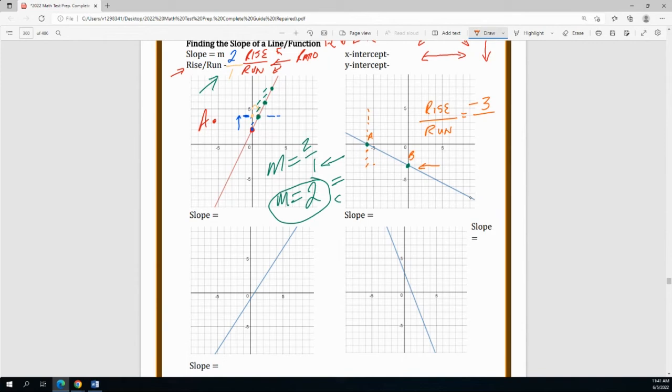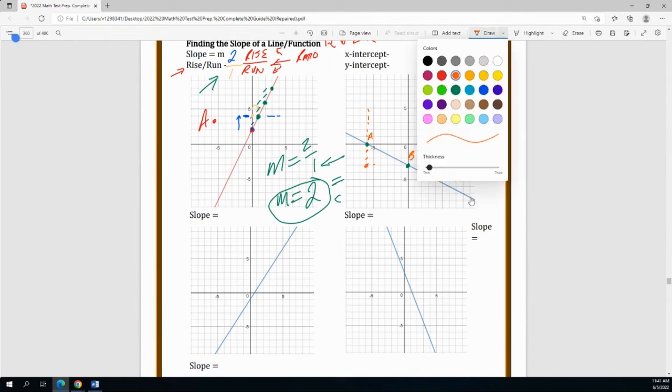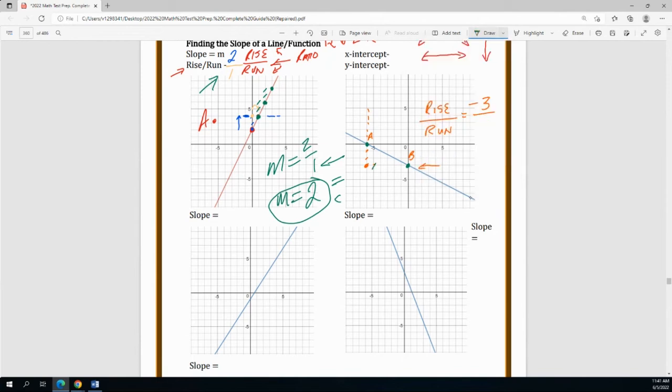Now let's figure out that run. Okay, here we go. So from here, how many units to the right do I have to go in order to hit it? Let's find out. 1, 2, 3, 4, 5, 6. So I had to move positive right 6 in order to be there. So my run is 6. Now, the direction the slope is going, isn't it called negative?